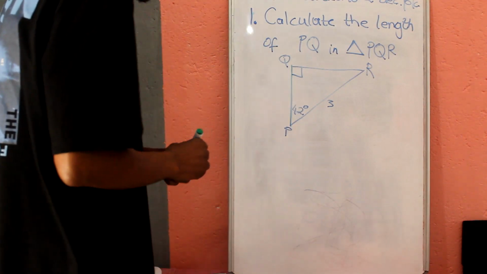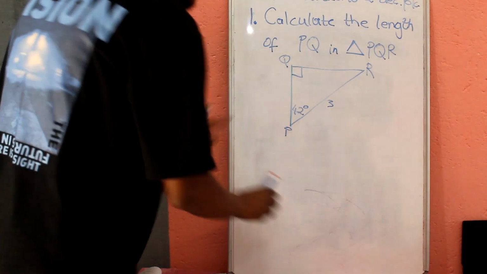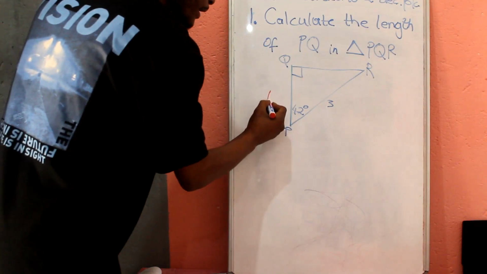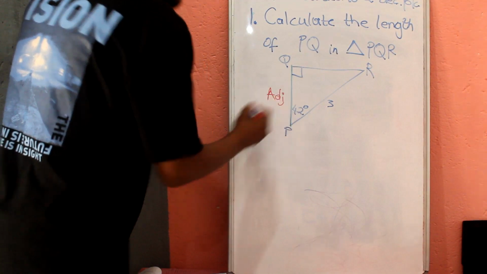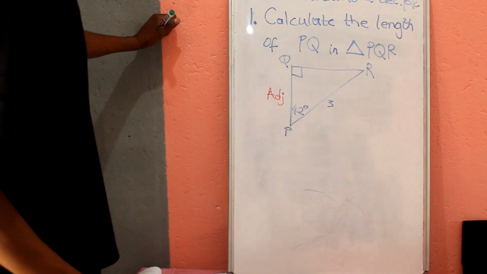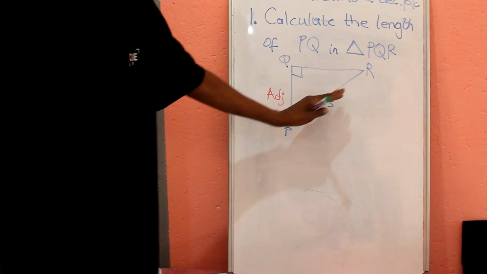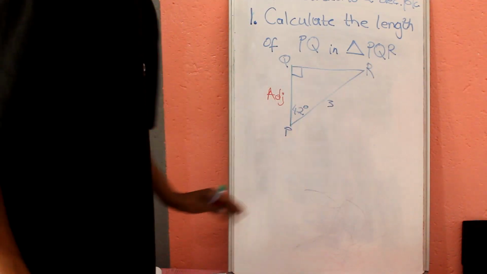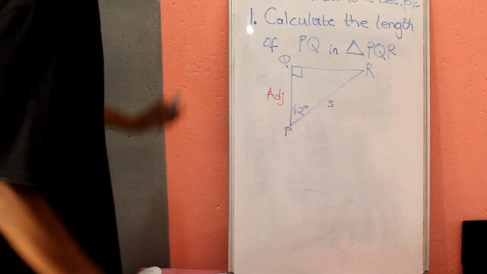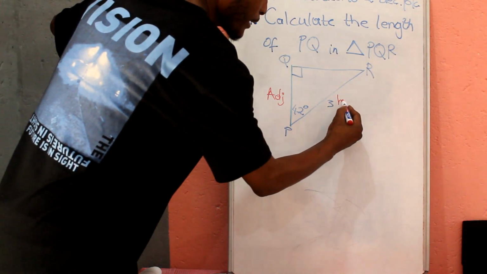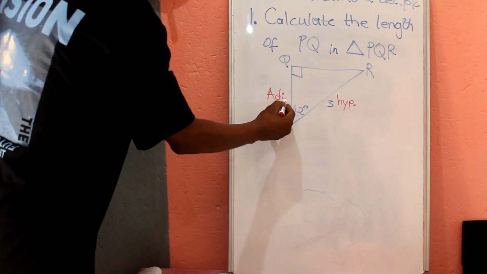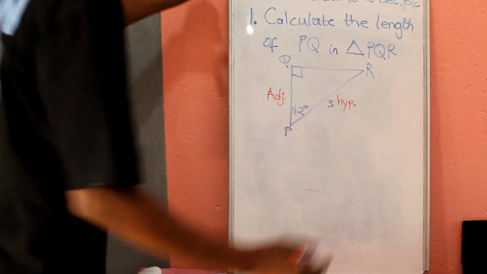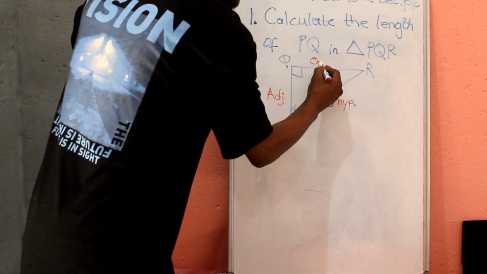So that means, in this case, this is my adjacent side. All right? And then that gives me the longest side of the right angle triangle being the hypotenuse. And then the other side then being the opposite side.